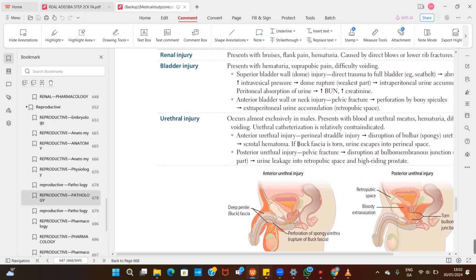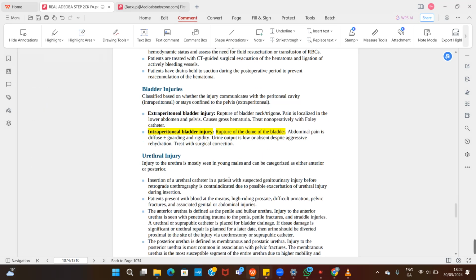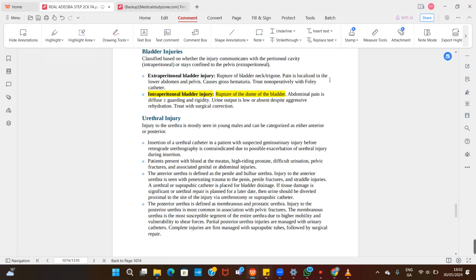For people with urethral injury, just like the bladder, they have the same categories, posterior and anterior. Is there anything I'm missing? Okay, yeah. So the urethral injury, first of all, is very common in males, right?